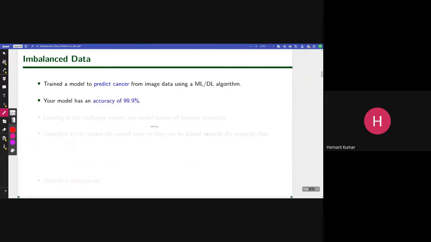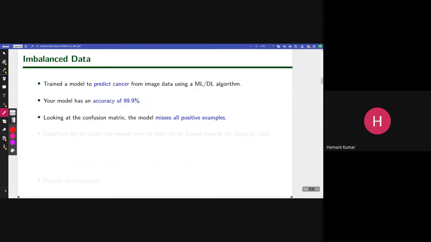So looking at the confusion matrix, the model misses the positive examples, meaning most of the predictions belong to true negative or false negative and false positive, and it misses all positive samples.